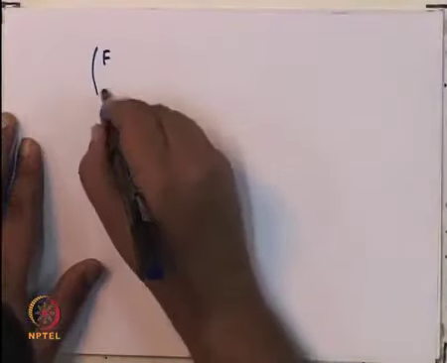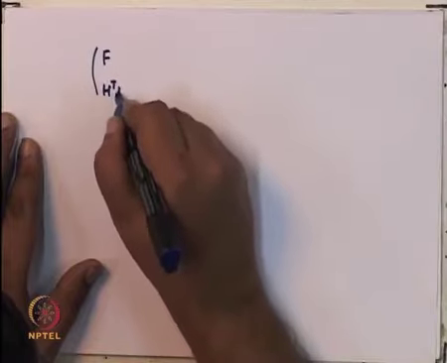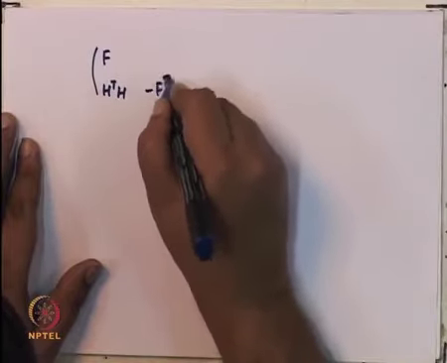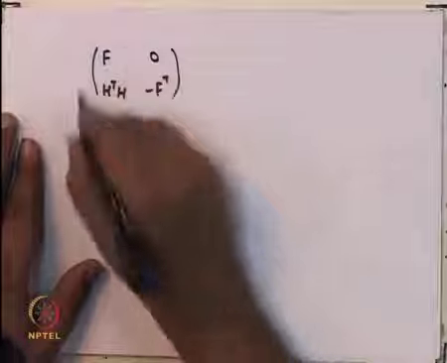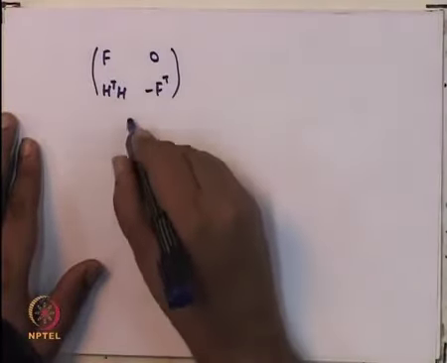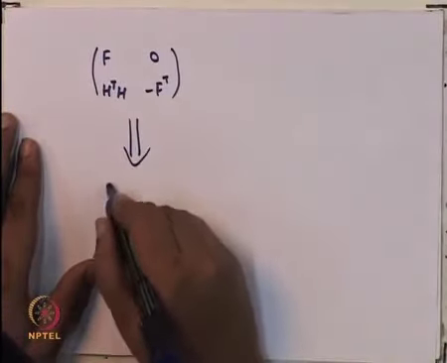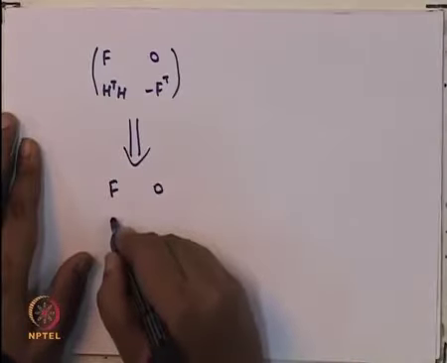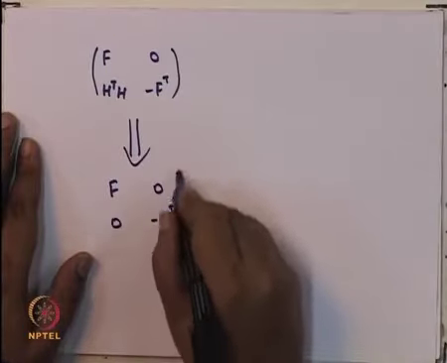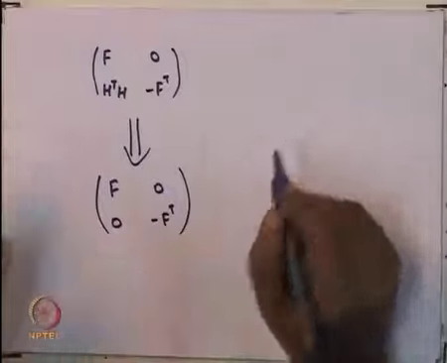Okay. So, what I will do is I will write down the original system matrices and I will write down what the corresponding system matrices are. So, the original matrices, this is the system matrix that you had, and under transformation this goes to [F 0; 0 -F transpose]. Okay.